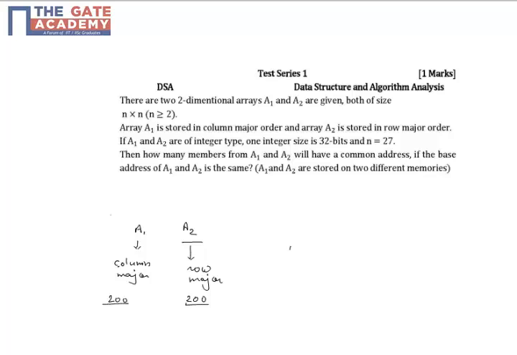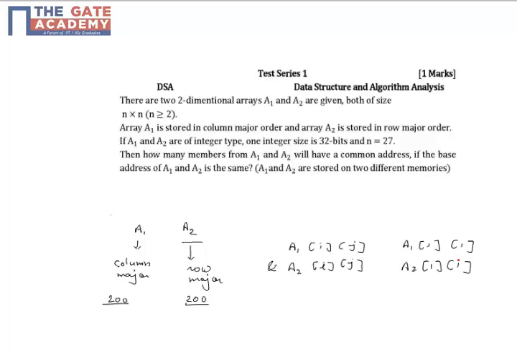That means a1 of ij and a2 of ij both will have the same address. If a1 of 1 1 and a2 of 1 1 have the same address, then I'll say one item has the same address, that item being i equals 1 and j equals 1.